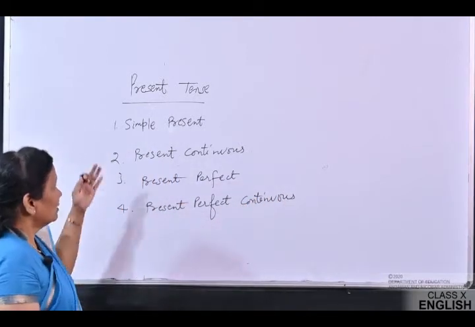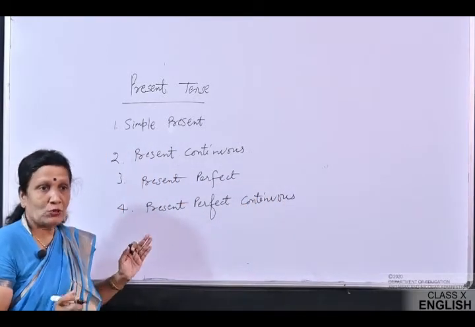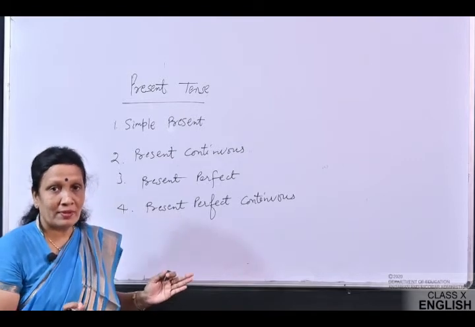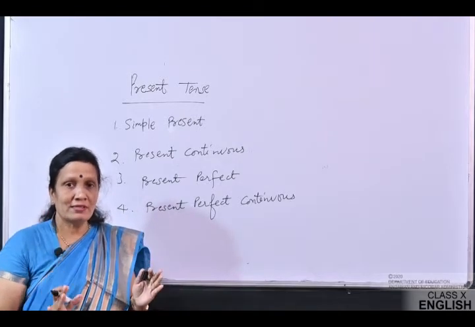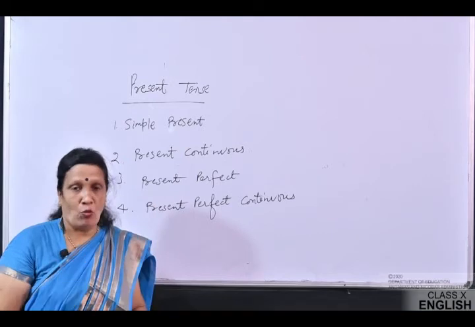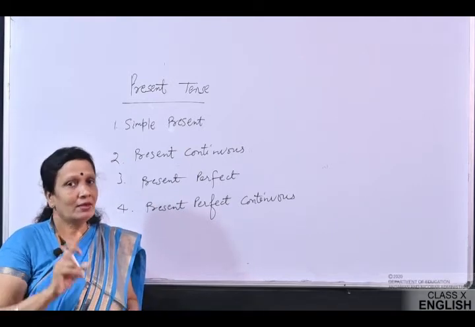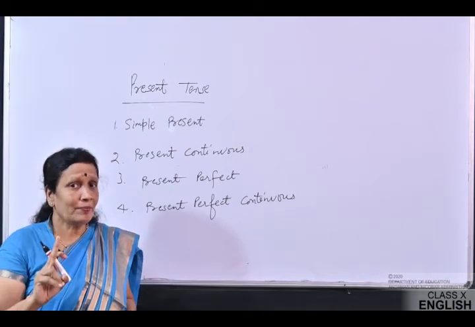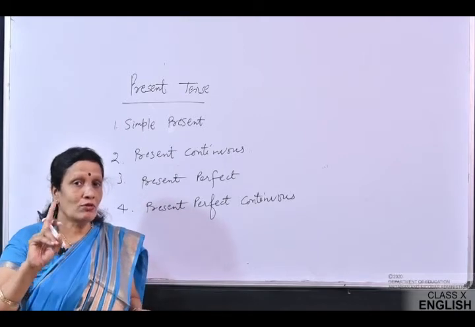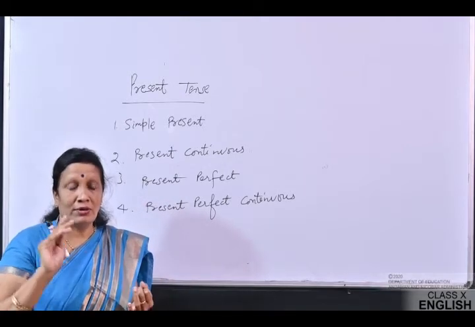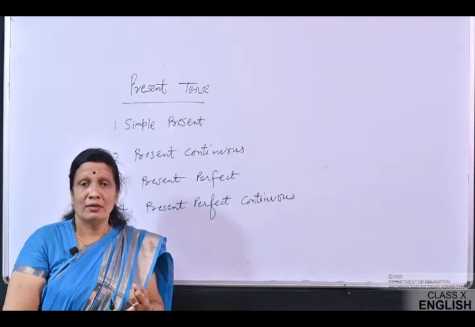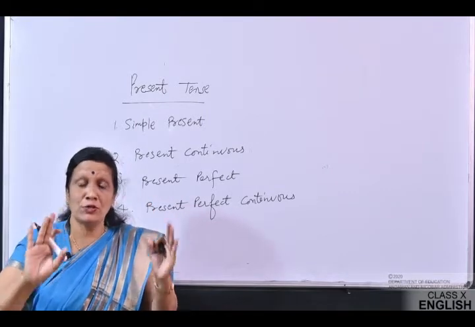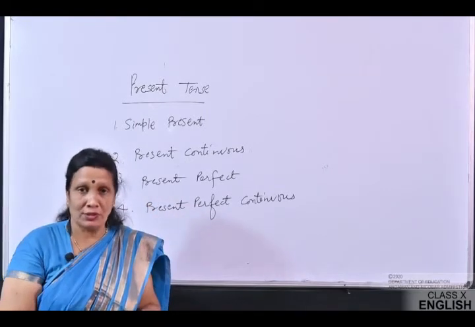Simple present, we use the simple present tense for actions which we do now, today, right? For that, and then also for actions or the work which are universally true, universal truth.